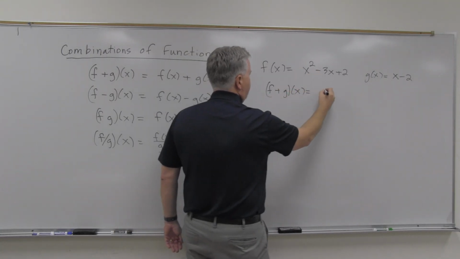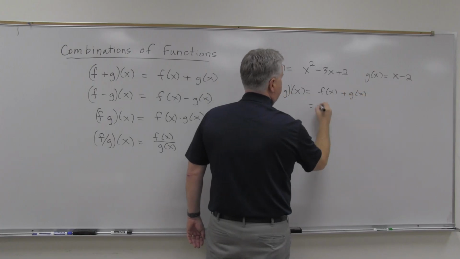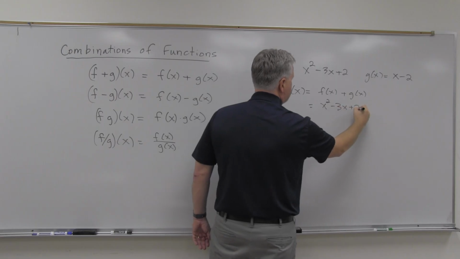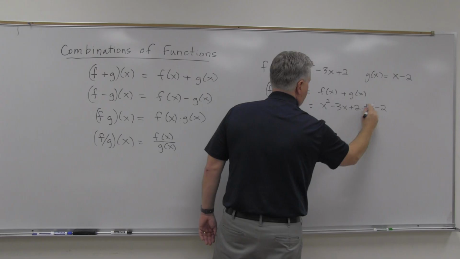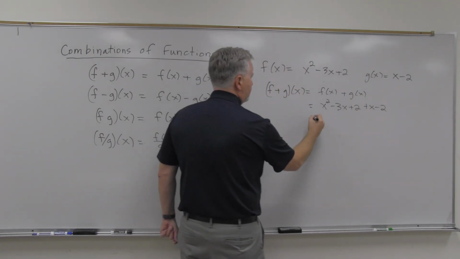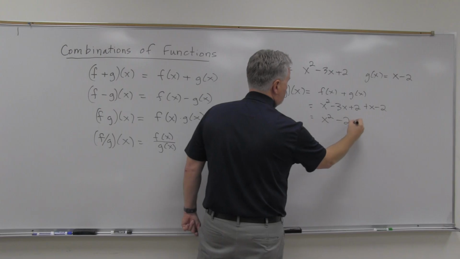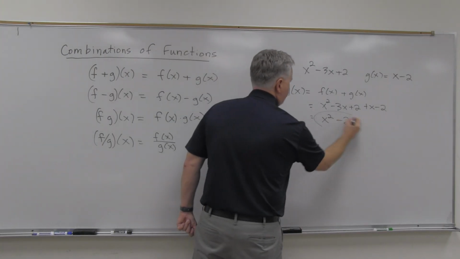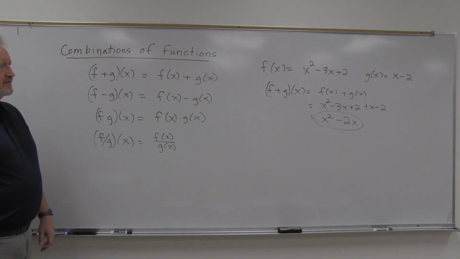We just take f of x and add to that g of x, so that's just that one plus that one. And of course, combining like terms is really all you can do with that. So f plus g is going to be x squared minus 2x. The 2's cancel.